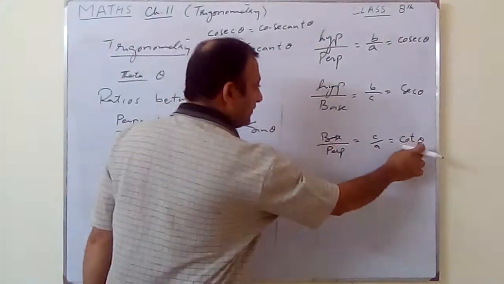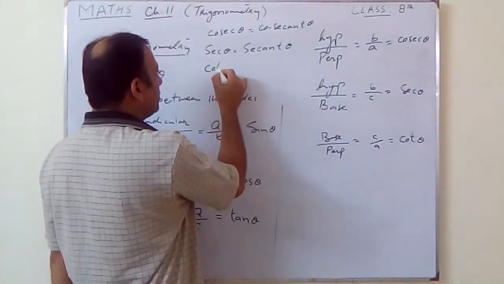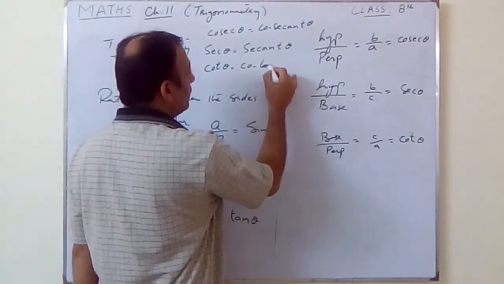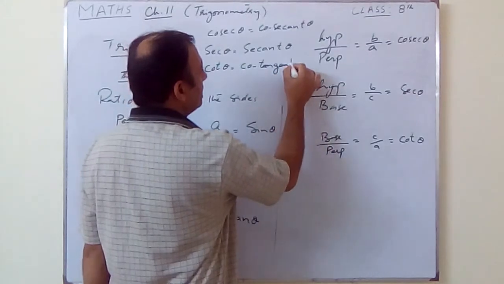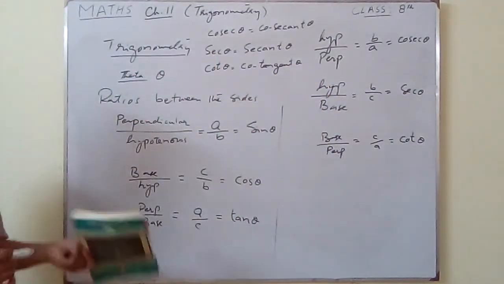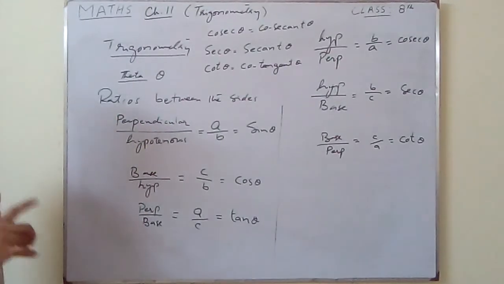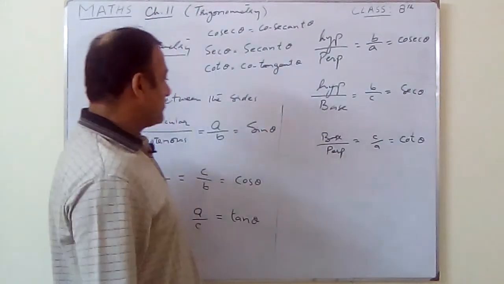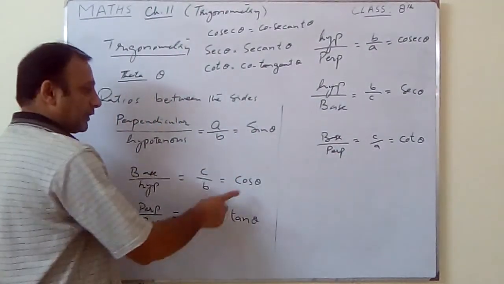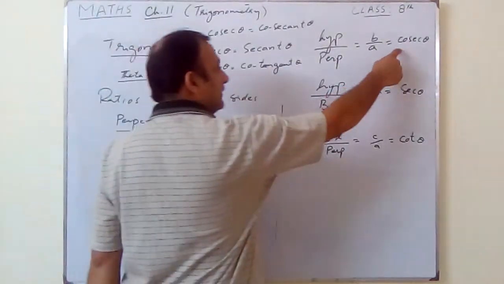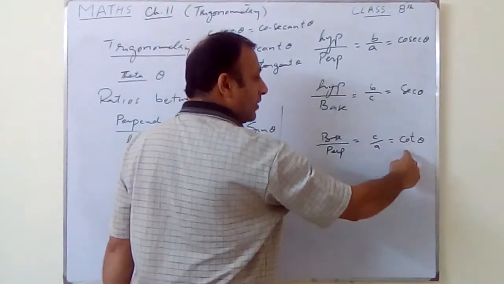It is written cot theta, COT, but actually it is cotangent theta. So there are 6 trigonometric ratios: sin theta, cos theta, tan theta, cosecant theta, secant theta, cot theta.